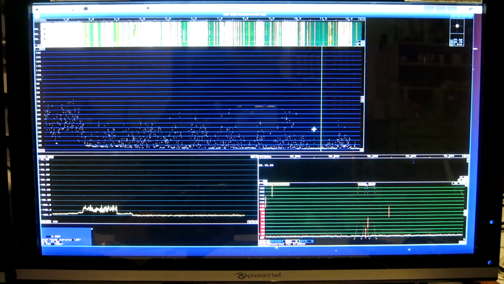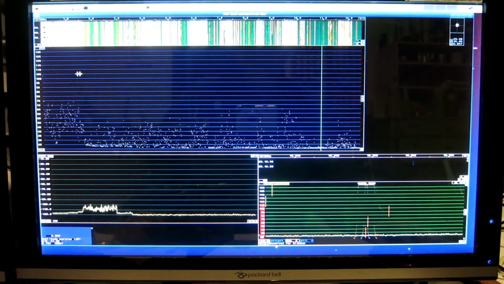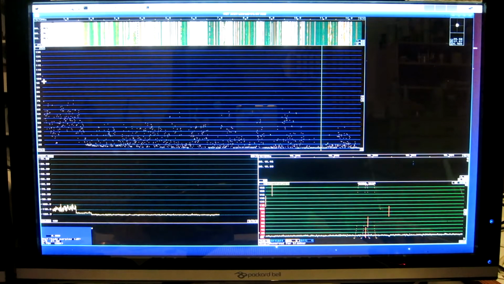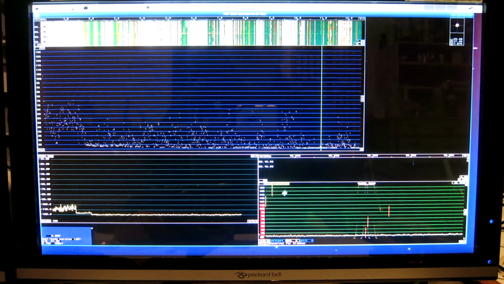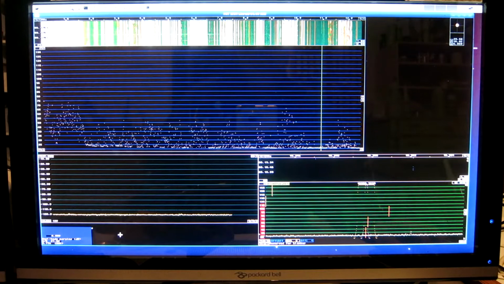I have now connected a whip antenna. It goes from DC to 12.5 megahertz. The noise floor at 12.5 megahertz is very close to the noise floor without any signal at all. That means some more gain is needed.